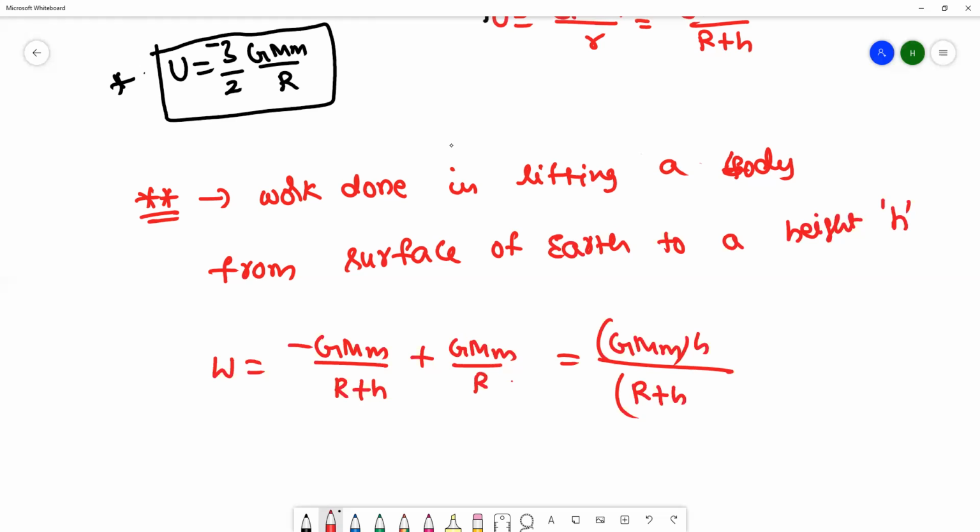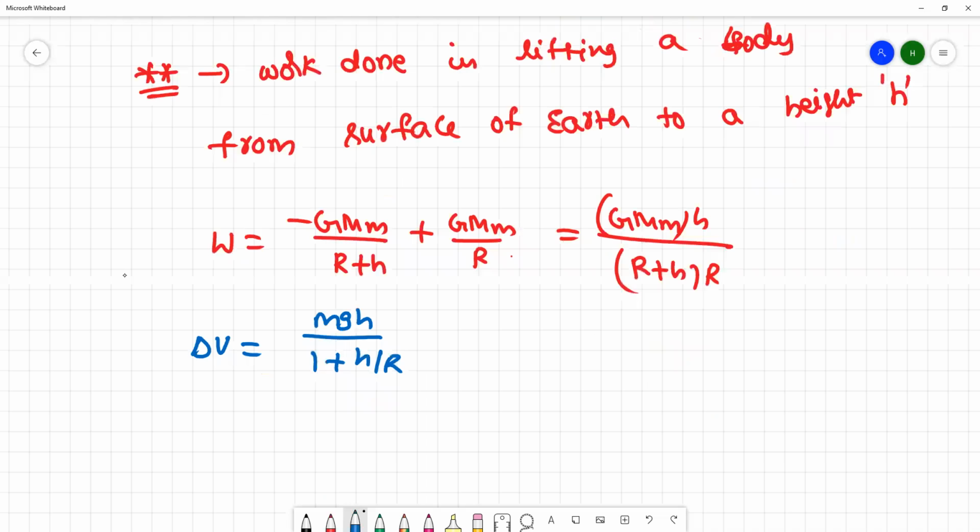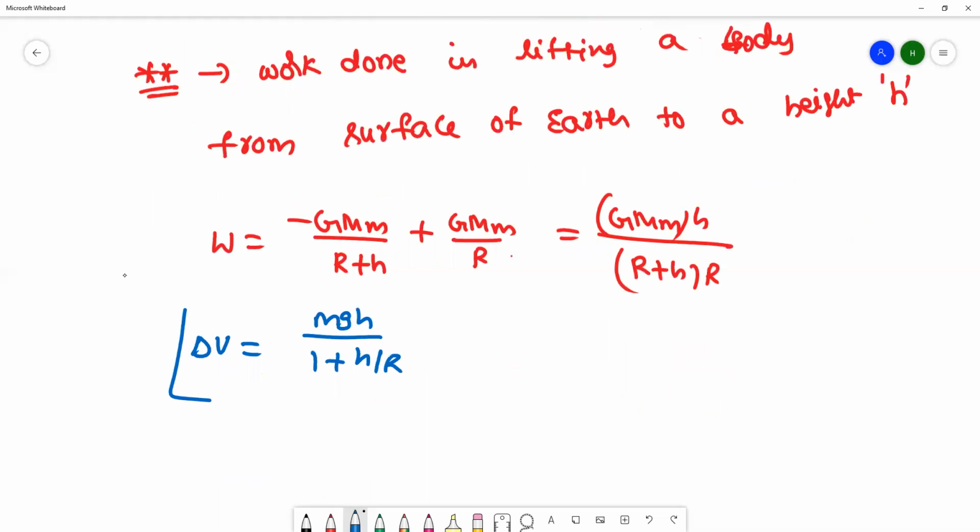This is energy in the form of potential energy. So change in potential energy, delta U is equal to m into g into h divided by 1 plus h by r. This is the change in potential energy.